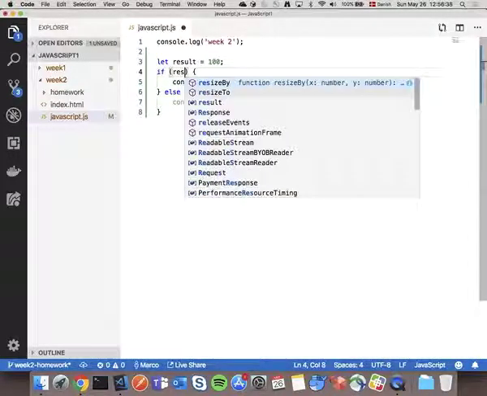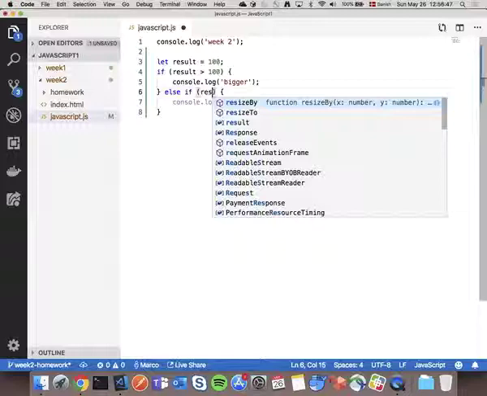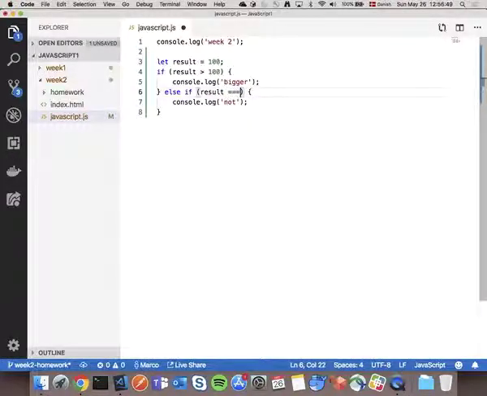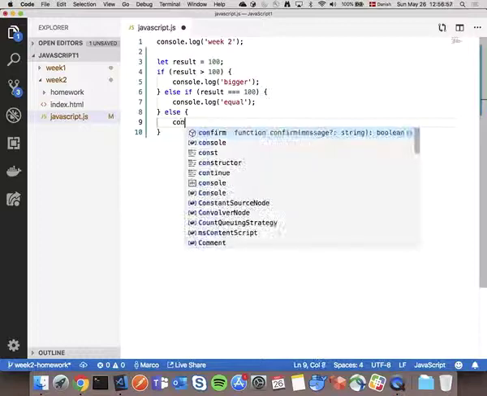So now if result is bigger than 100, bigger, else if result is equal to 100, equal, and then we can have an else at the end.